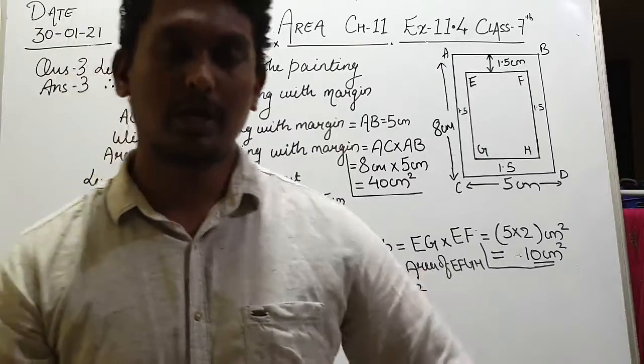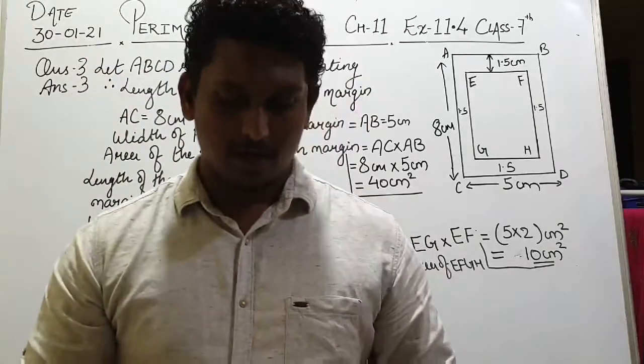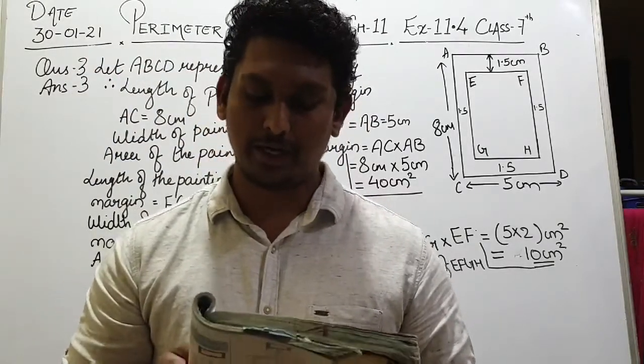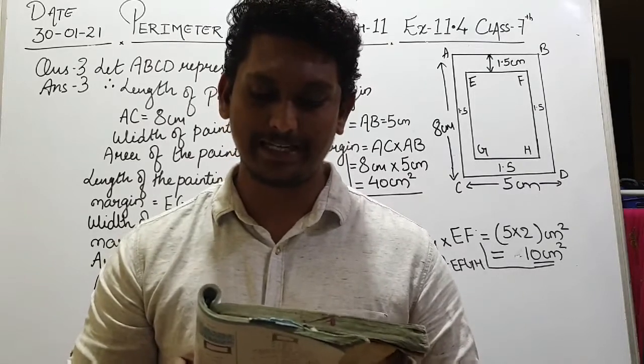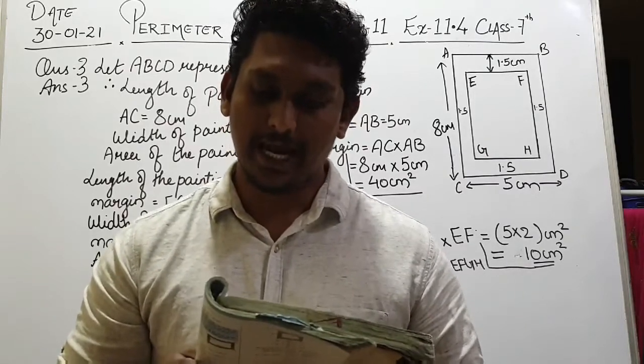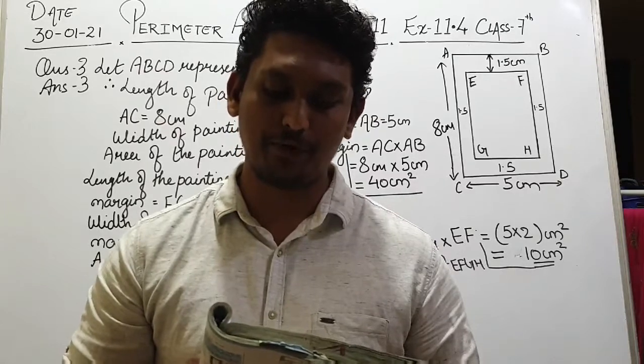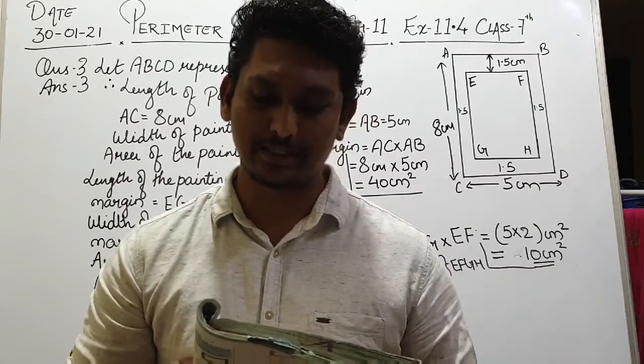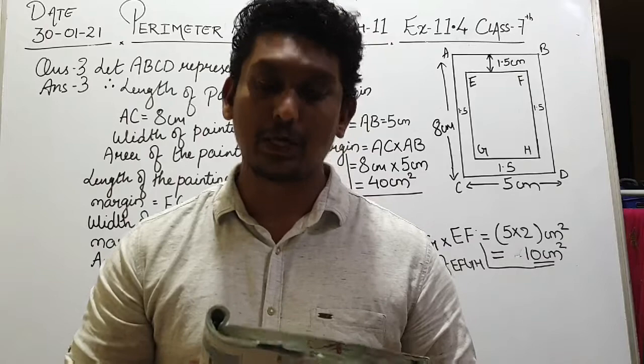Okay, now come to question number 3. I am just reading the question. A picture is painted on a cardboard 8 cm long and 5 cm wide, such that there is a margin of 1.5 cm along each of its sides. Find the total area of the margin.